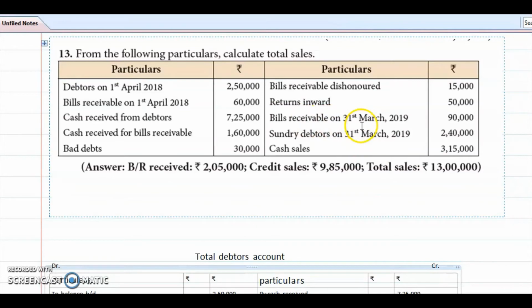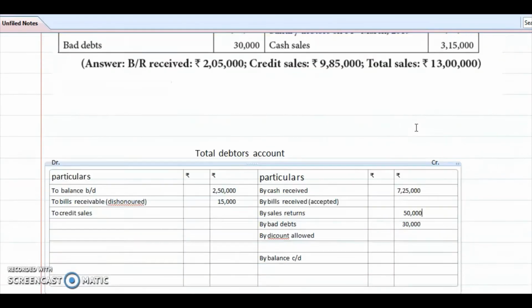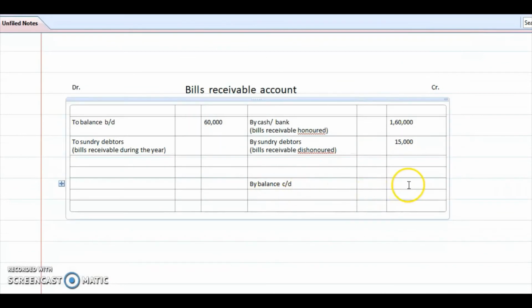Then bills receivable on 31st March, that is closing, 90,000.